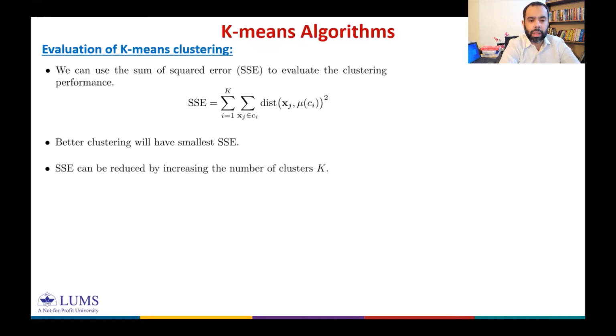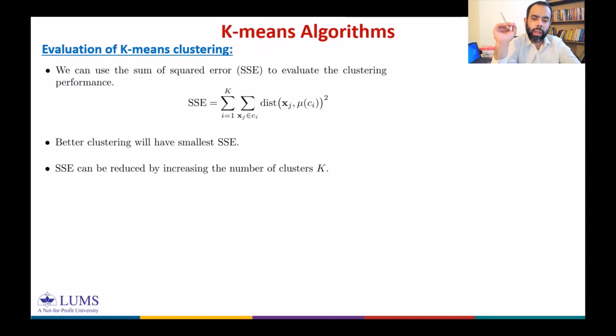SSE can be reduced by increasing the number of clusters K. If you increase the number of clusters, we would have multiple centroids in the data, and the spread around each centroid is expected to reduce.